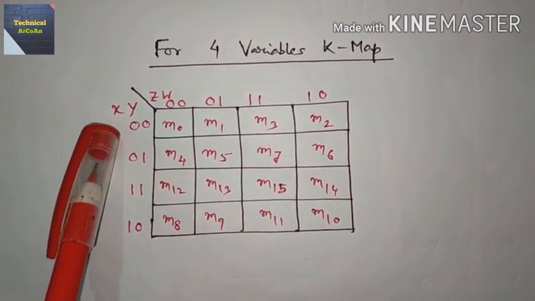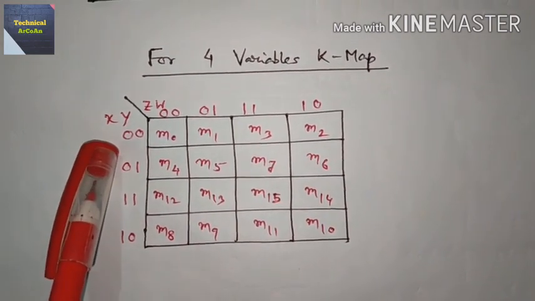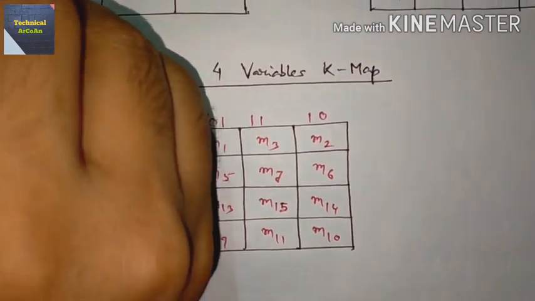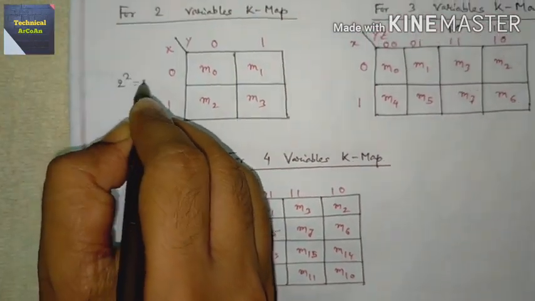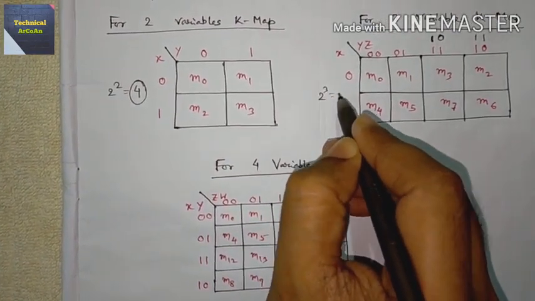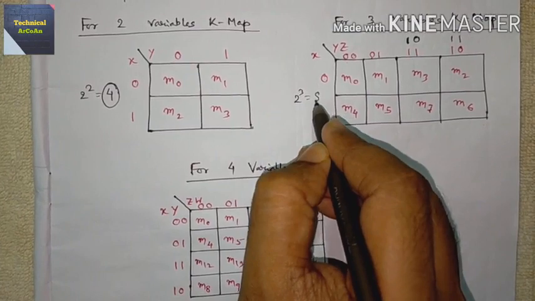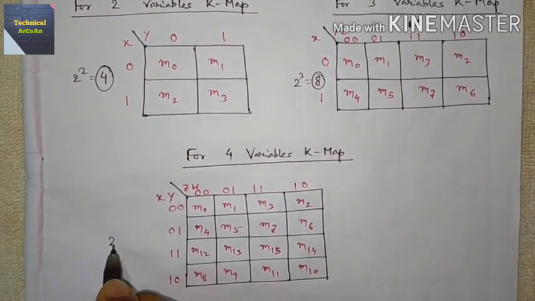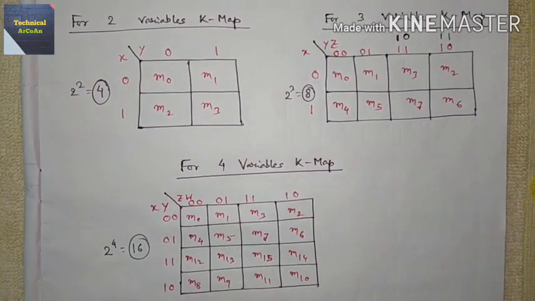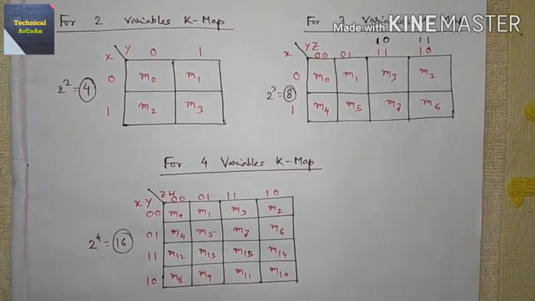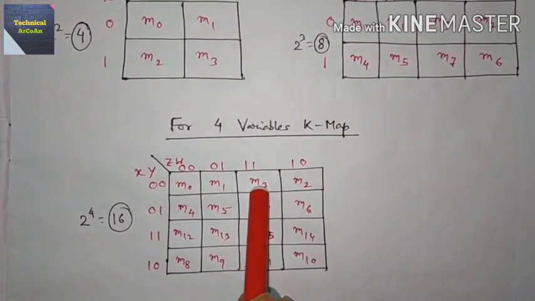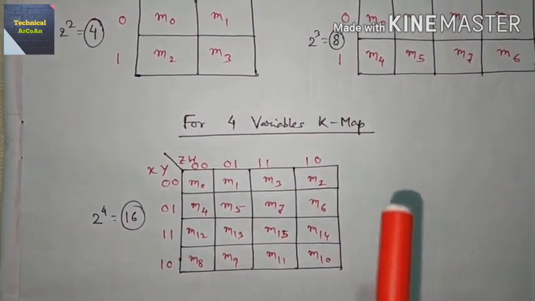Why? 4 variables, so 2 to the power 4 is 16. Here with 2 variables, 2 to the power 2, there are 4 cells. With 3 variables, 2 to the power 3, there are 8 cells. And for 4 variables, 2 to the power 4, 16 cells should be present. And what are the positions? M0, M1, M2, M3. Why M2, M3? I already explained this for the 3 variable case.